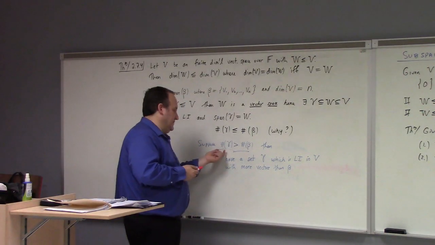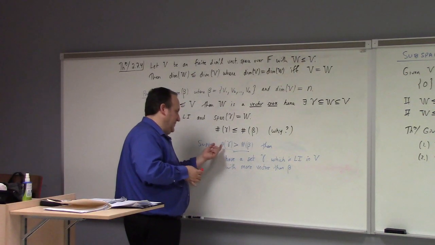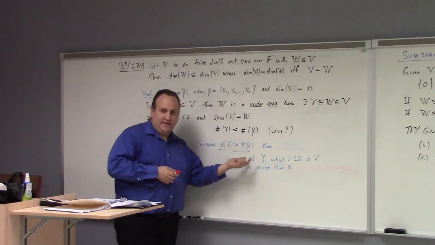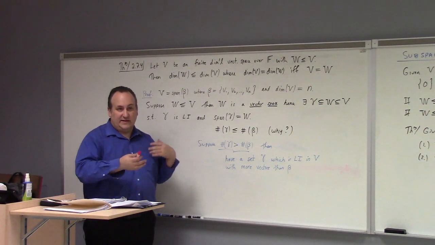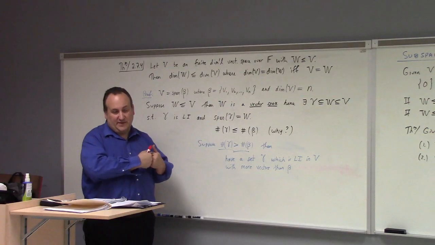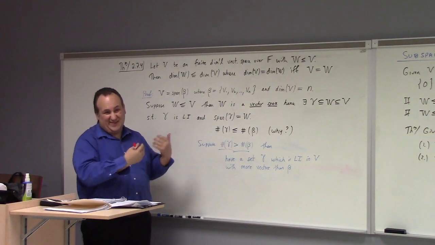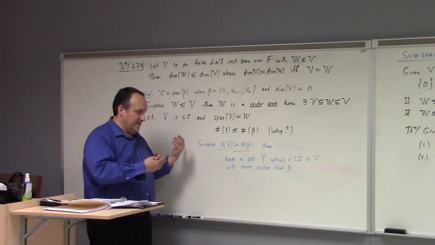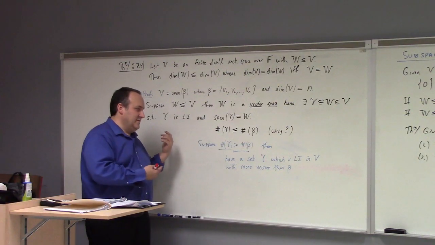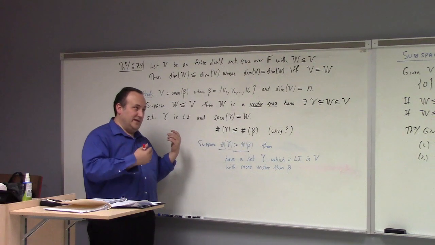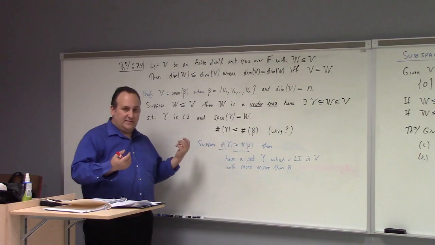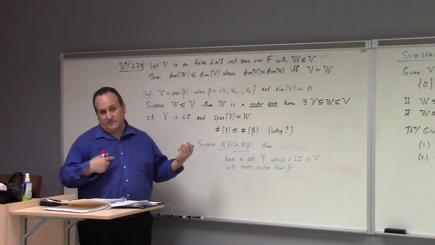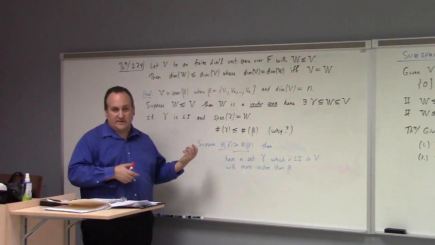And because of that, if I take beta and union with that extra vector, then I have a linearly independent set, because if we take something linearly independent and union it with something outside the span, that's another linearly independent set. Which would then mean that we had a linearly independent set which is larger than beta in terms of the number of things in it and still spans the whole space. But that would contradict the uniqueness of dimension theorem we proved last time.